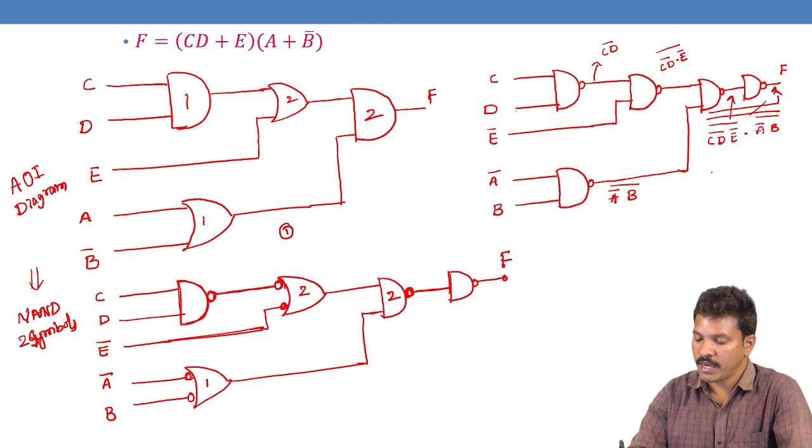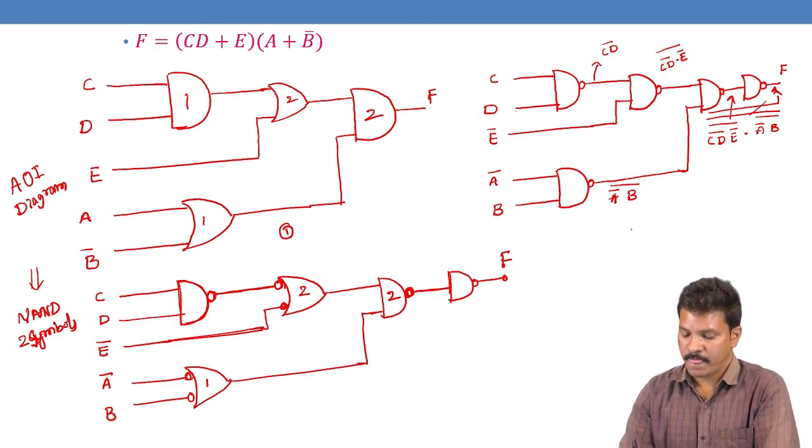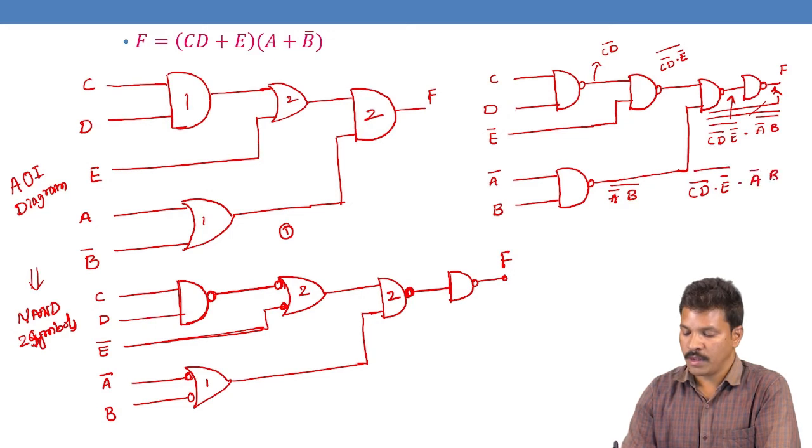So what is remaining? The remaining expression is CD bar E bar whole bar into A bar B. When we expand this one, CD bar plus E bar whole bar.